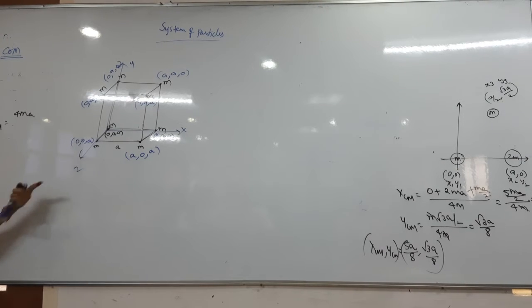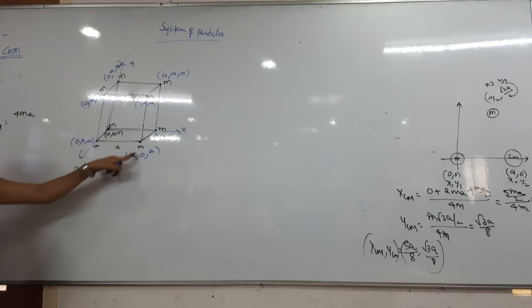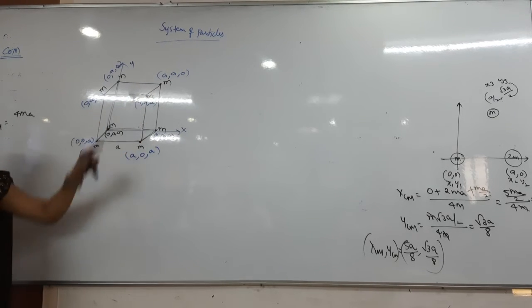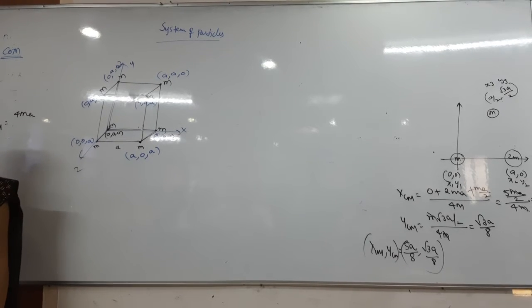The remaining masses are how much? 0. M1 x1 is mass M and the x coordinate is A. First mass, second mass, third mass and then fourth mass. The remaining masses' x coordinates are 0, and M into 0 is 0 only. So four masses have 0, four masses have coordinate A.